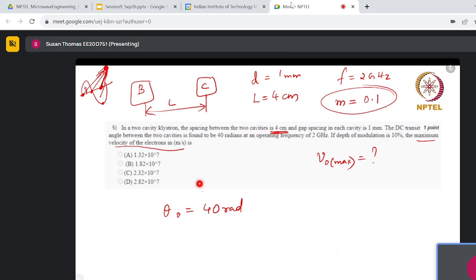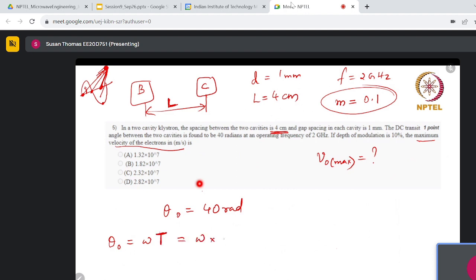Let me start from here. As you know, the distance between the two cavities is L. If you think about the transit angle between the two cavities, what is this theta naught? Omega t. So theta is omega t, right? Omega is 2 pi f and t is the time. How do we find that time?